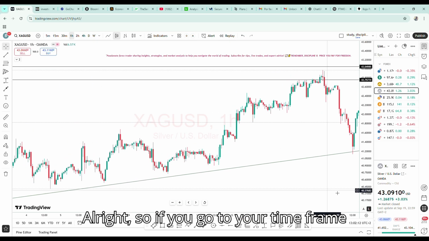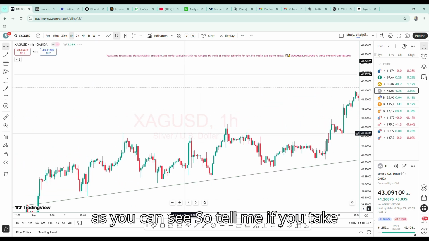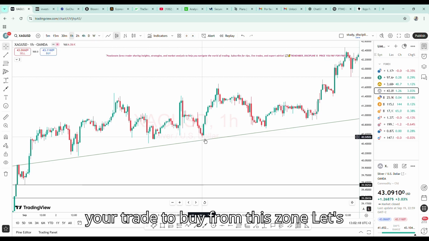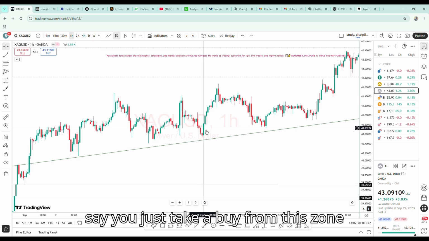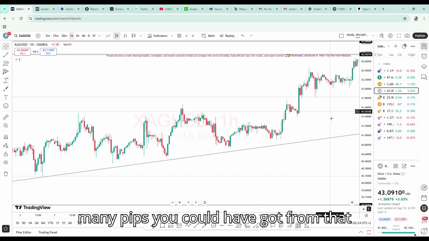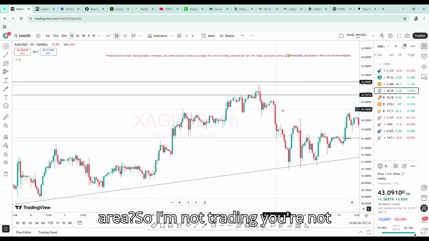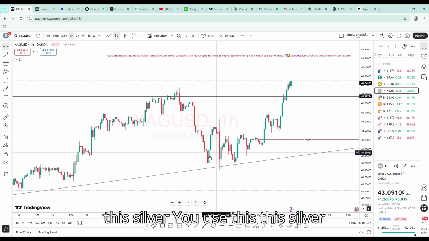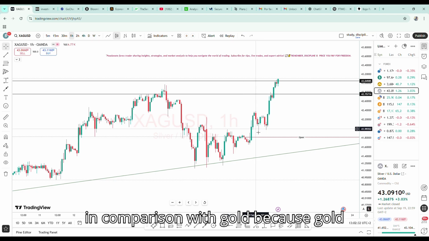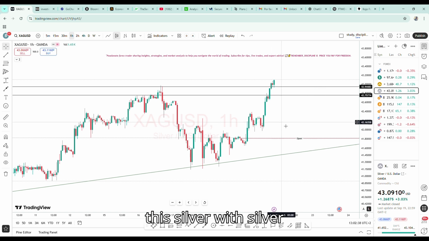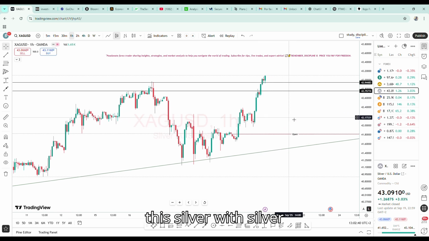Alright, so if you go to the lower time frame, this is our 1 hour time frame, as you can see. Tell me, if you take a buy from this zone and then take a buy from here, you see how many pips you could have got from that area. You are not trading this silver, remember. You use this silver in comparison with gold, because gold moves the same way as silver.